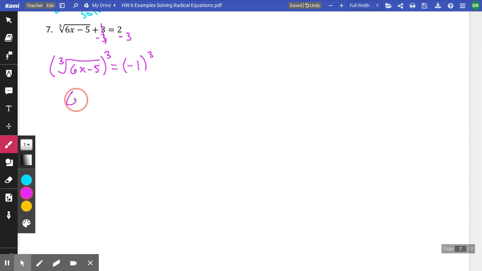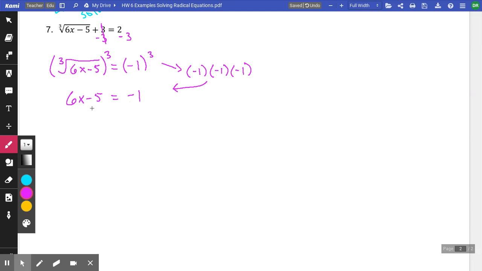So yes, the radical cancels here and we just get 6x minus 5. But making sure we get the right number over here, that exponent is going to matter. In this case, -1 to the third, remember, would mean -1 times a -1 times another -1, which ends up being just -1.